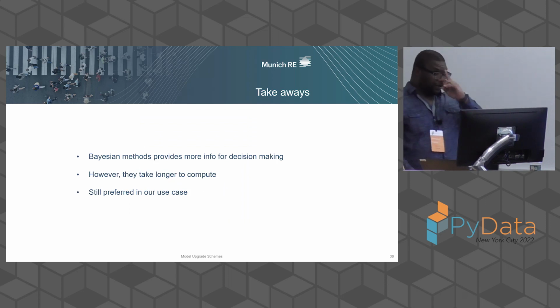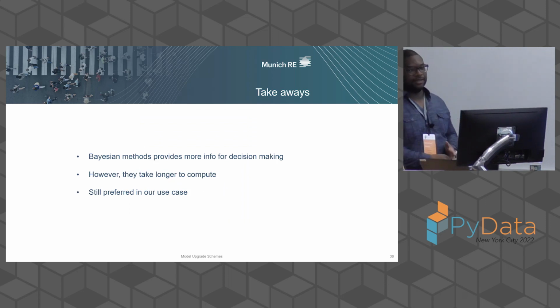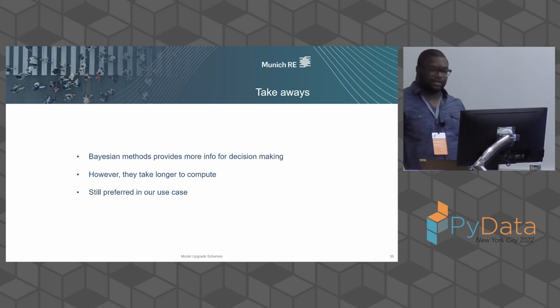And so the takeaway from this analysis is that, overall, for the Bayesian applications that I looked at here, both methods can work depending on the setting, but the Bayesian methods provide more information for you to make decisions.